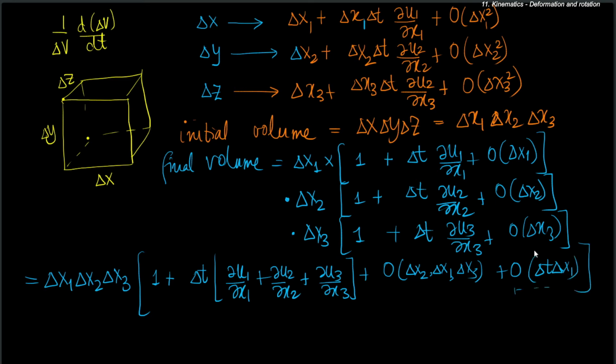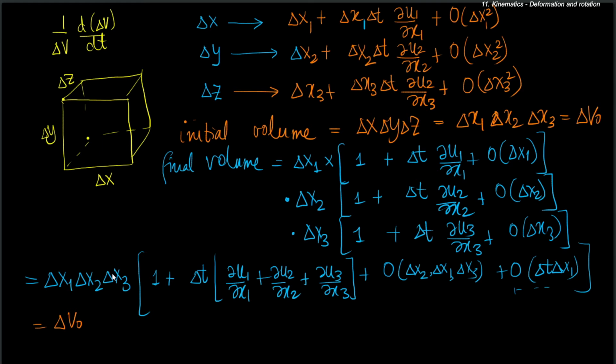You just need to do all the multiplications carefully. The important fact is you will obtain a combination of terms which will look like this. So essentially, if I call this delta v0, this will be delta v0.